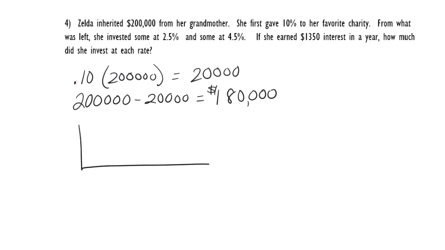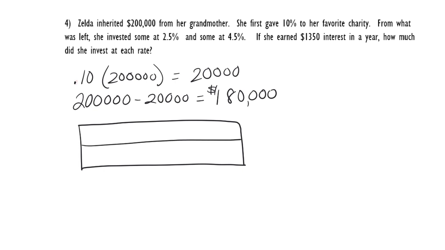Let's set up our chart. And again, we got option A, we got option B. I'm going to undo that. I'm going to scooch over here, give that a little bit more space. And the percent interest rate, she had a 2.5, so I'm going to write 0.025, and a 4.5, so that's 0.045.